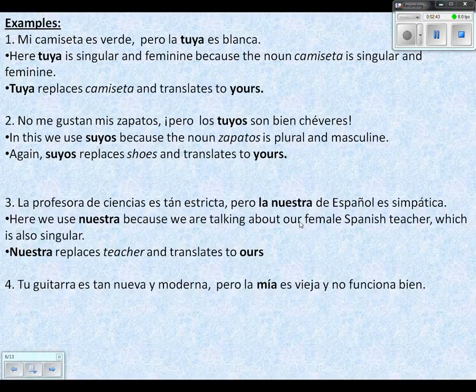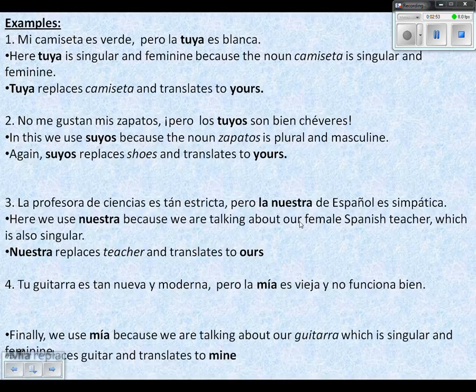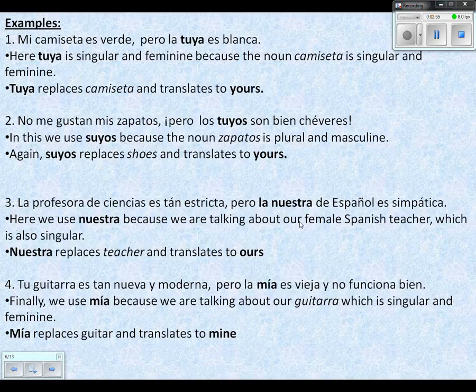Last example. Tu guitarra es tan nueva y moderna, pero la mía es vieja y no funciona bien. I imagine that you know what we are going to look for here. We are using mía because we are talking about our guitarra, which is singular and feminine. Mía replaces guitar and translates to mine.